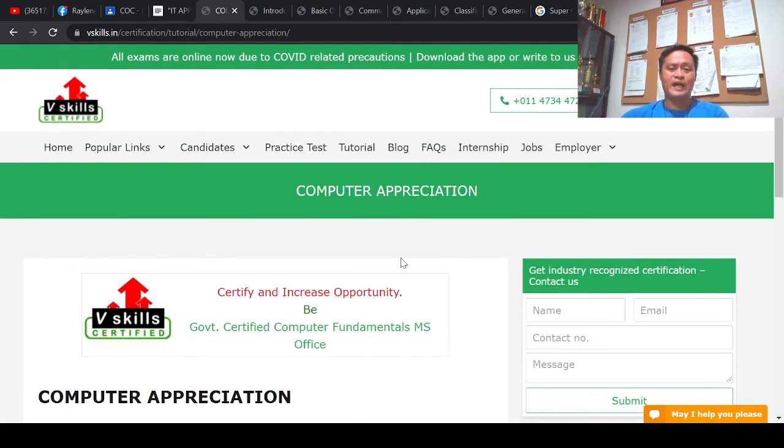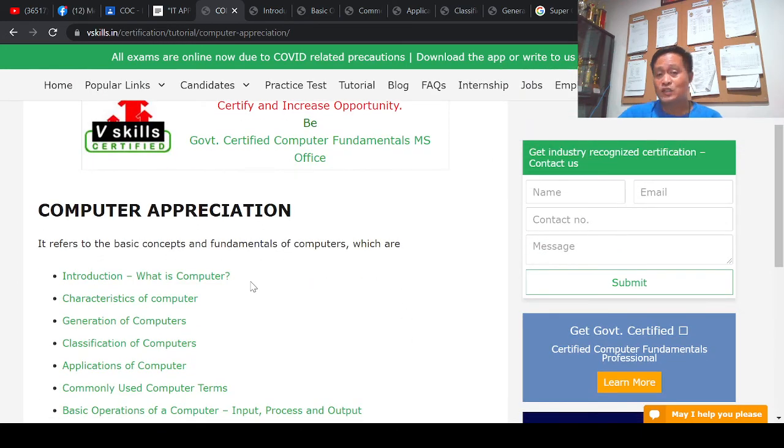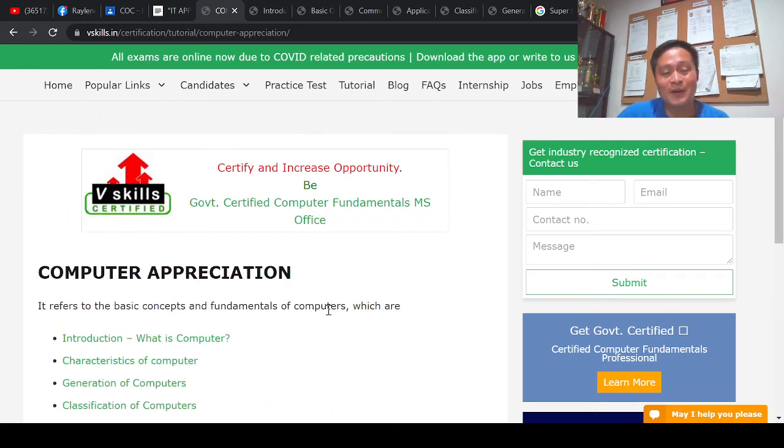I hope I was able to explain what a computer is, the characteristics of computers, the generations of computers, and the classifications of computers.